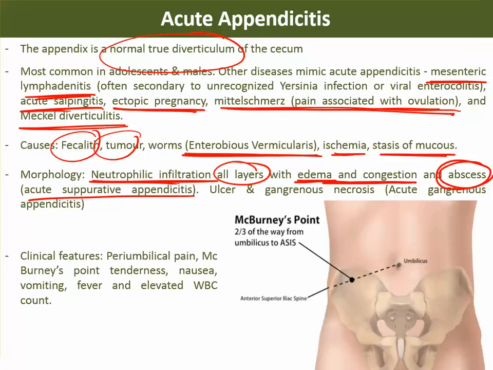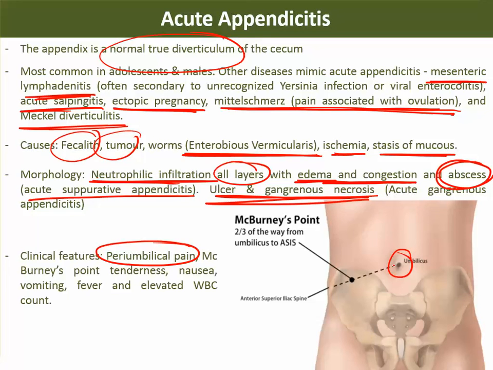Suppurative means pus formation. And if they go for necrosis, it is called acute gangrenous appendicitis. And remember, clinically they produce periumbilical pain, the pain surrounding the umbilicus.